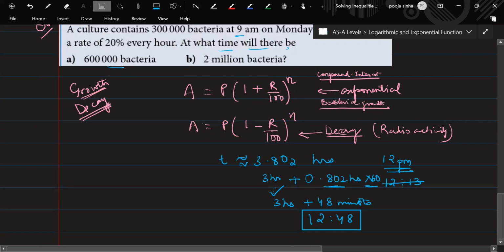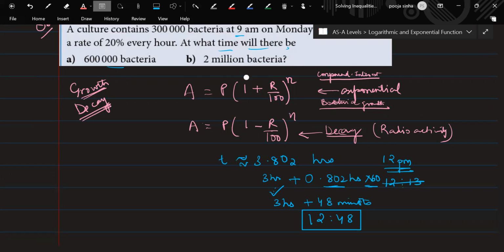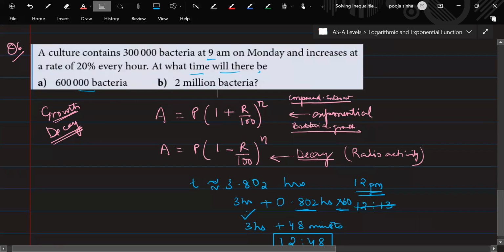Now, can you figure out what is the time for the other one, 2 million bacteria? How many zeros does it have? 2 million, write it down. That's equal to 2 multiplied by 10 raised to power 6.